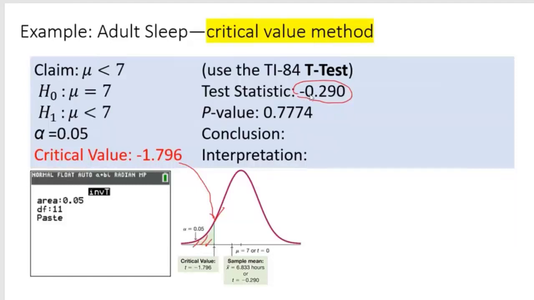Negative 0.290 would not be in that critical region; it's just slightly to the left. I would have to be over here at about negative 1.8 to be in the critical region. You only reject the null if you're in the critical region. Since I'm not, my conclusion would be fail to reject the null. Remember, your conclusion is always about the null: you either reject or fail to reject.